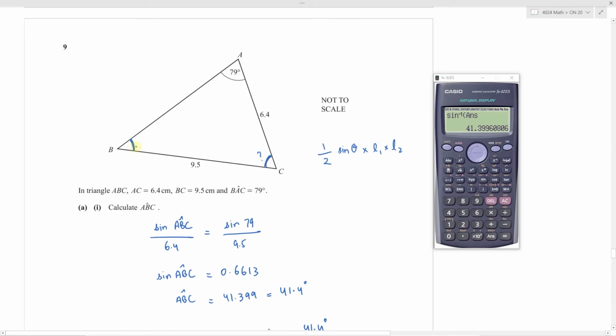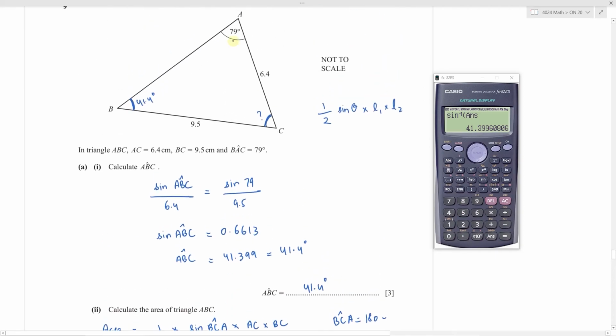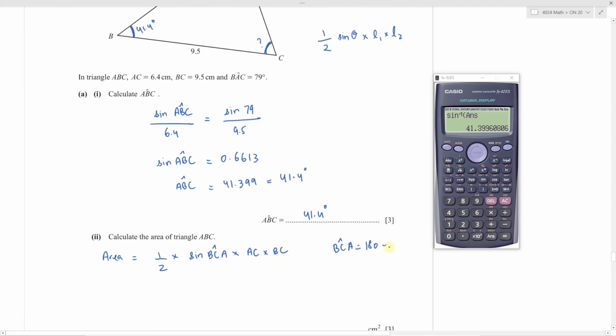We calculated this angle, which was 41.4 degrees. So all three angles should sum up to 180 degrees. So angle BCA, let's calculate it here. Angle BCA will be 180 minus the other two angles, 79, 41.4. So 180 minus 79 minus 41.4 is 59.6.